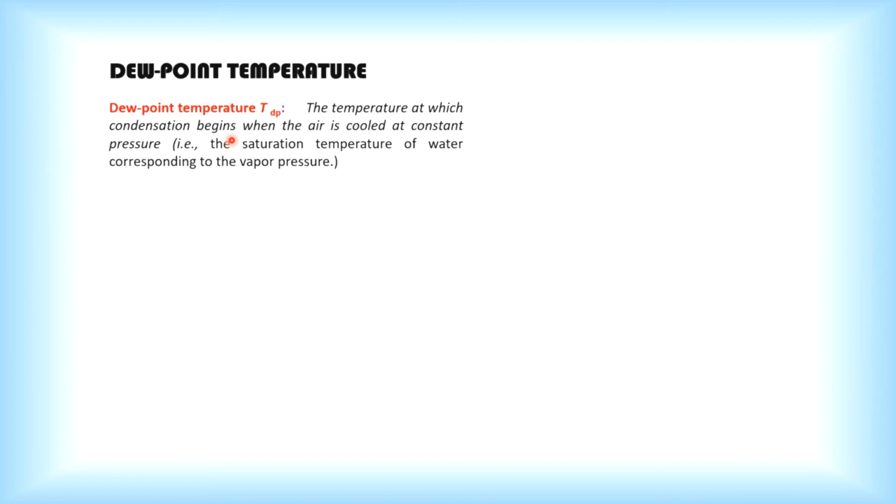Let's say, for example, you have a stream of cold air flowing across a can of Coke which you have just taken out of your refrigerator. As the humid air flows across the can, it leaves a certain amount of water droplets on the surface of the can, which we call dew.